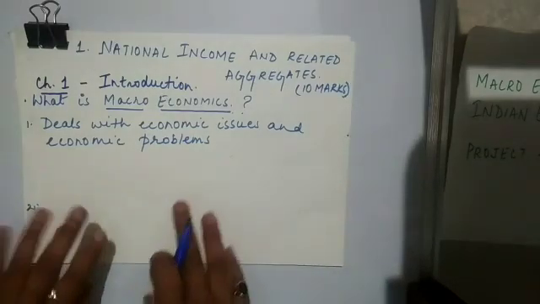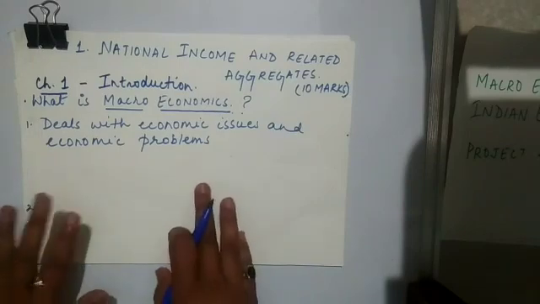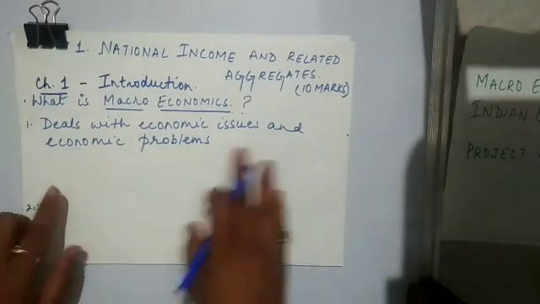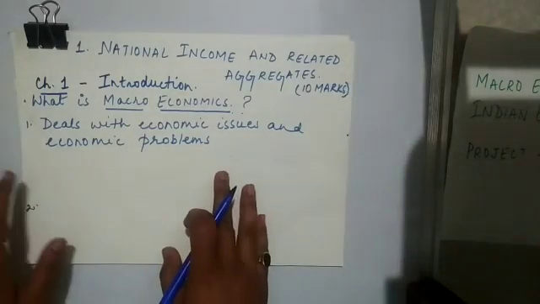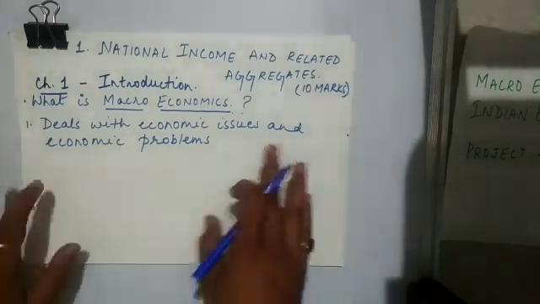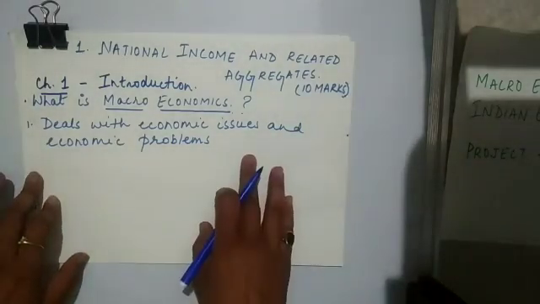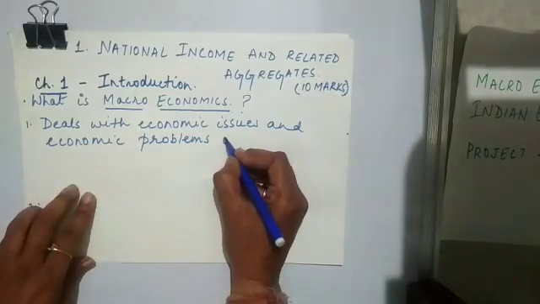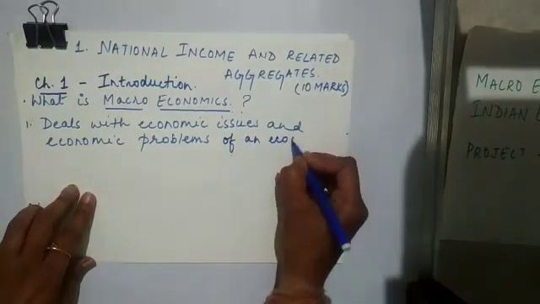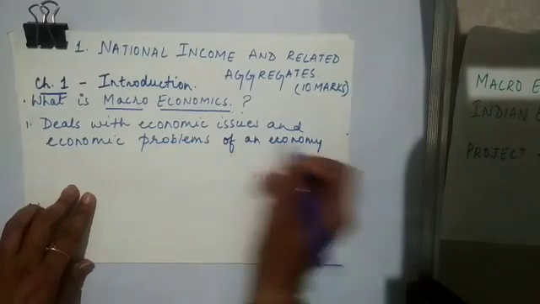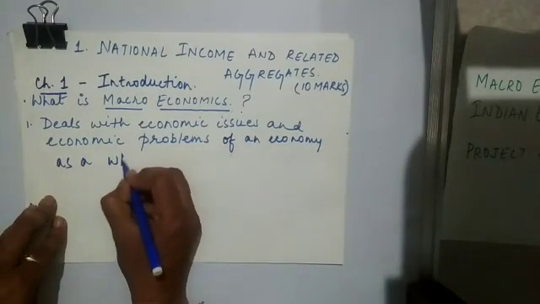All of you know what is microeconomics. Microeconomics used to deal with economic issues and economic problems at the level of an individual. But macroeconomics deals with economic issues and economic problems of an economy as a whole.